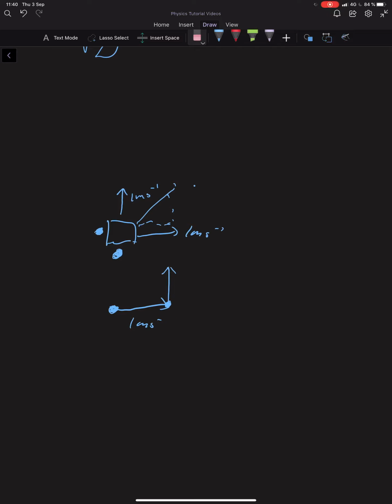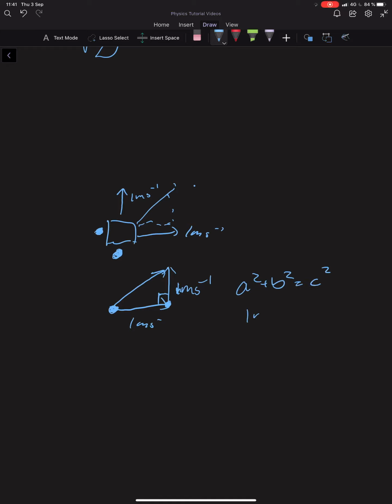Anyways, you have 1 meter per second here, 1 meter per second here. And then you know that the box moves something like this. And lo and behold, you know that this is 90 degrees because it's moving up and sideways. So you can find the magnitude of this through Pythagoras, the Pythagorean theorem. a squared plus b squared equals c squared.